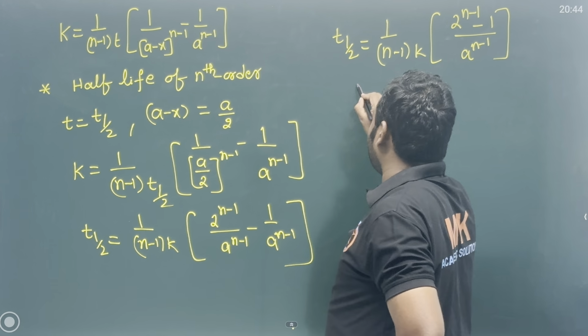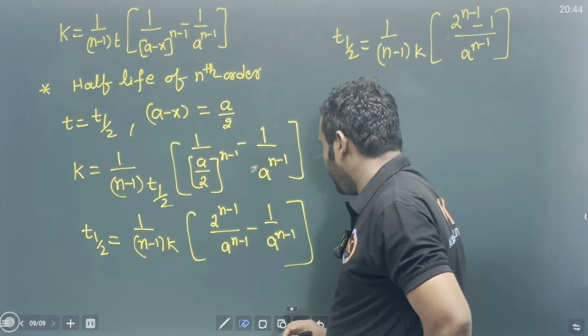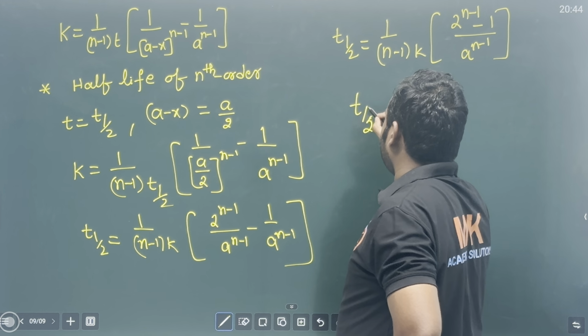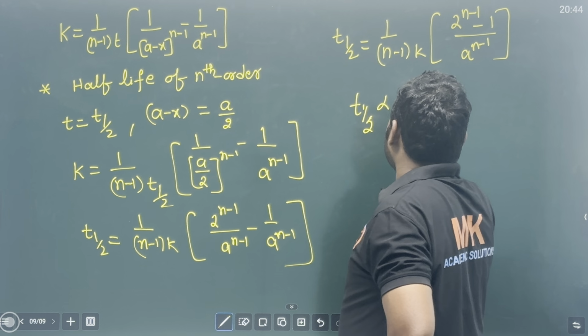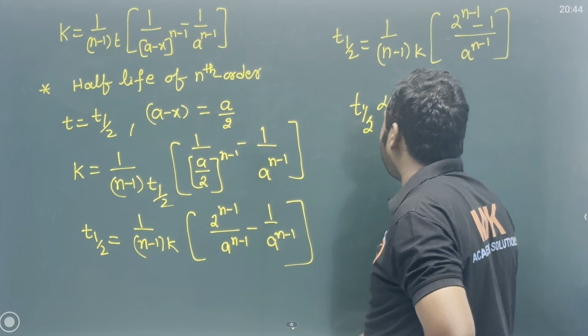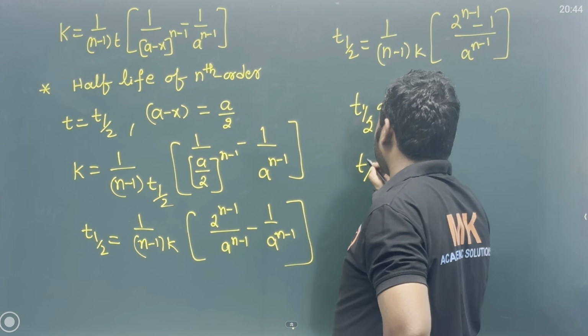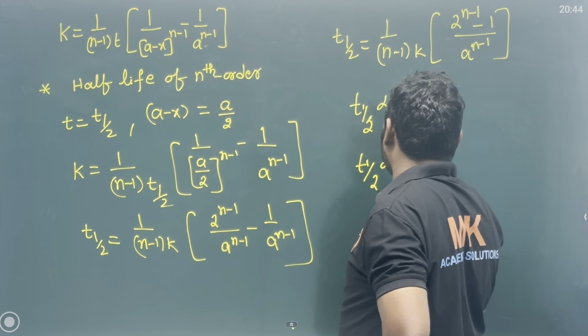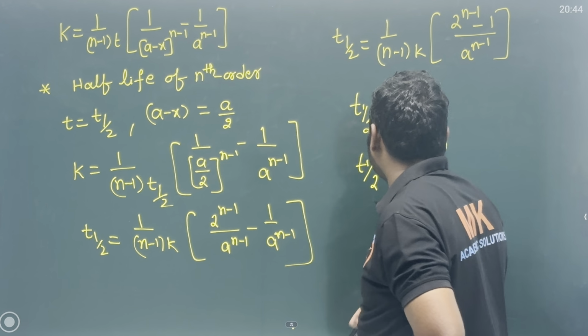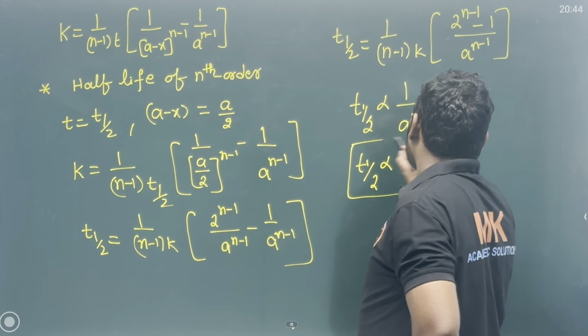When you remove the total constant, how do you get t half? t 1 by 2 is proportional to 1 by a power n minus 1, or else you can take t 1 by 2 is proportional to a power 1 minus n. Okay, so this is the formula.